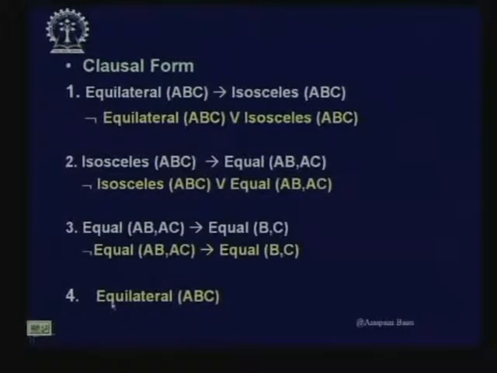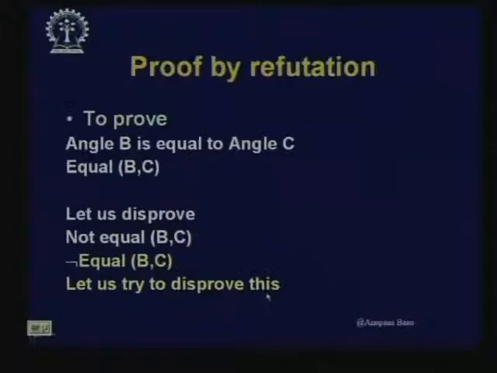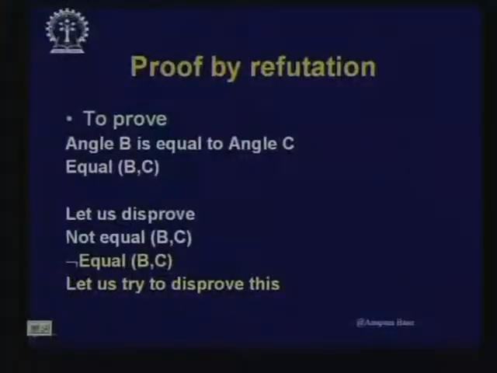And the next one is equilateral ABC. So, now we have got all these in the clausal form. Now, the basic approach of resolution is proof by refutation. That means to prove that angle B is equal to angle C, that is equal BC, our approach is, let us disprove that B and C are not equal.